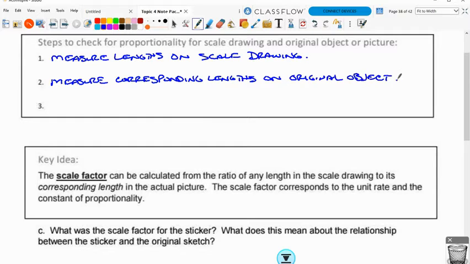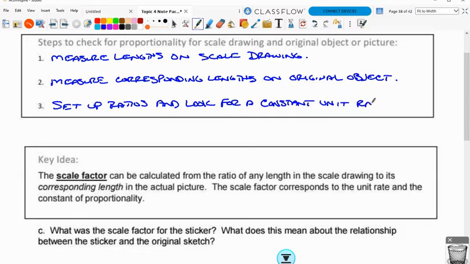Remember that corresponding means in the same location. Okay, then what we're going to do is set up ratios and look for a constant unit rate. Okay, and this is how we determined in the last example that the sticker was indeed a scale drawing.